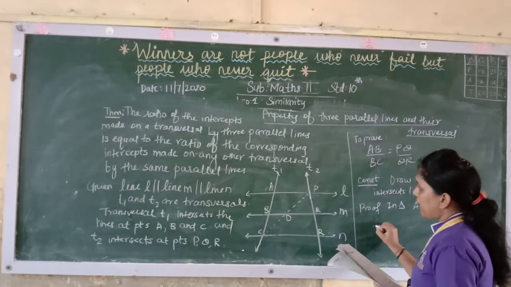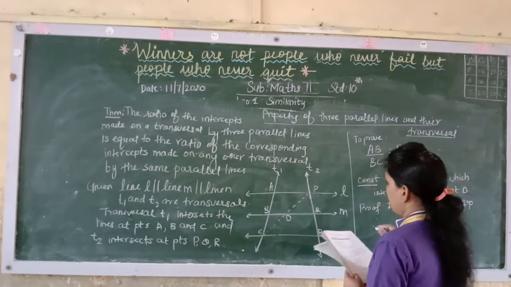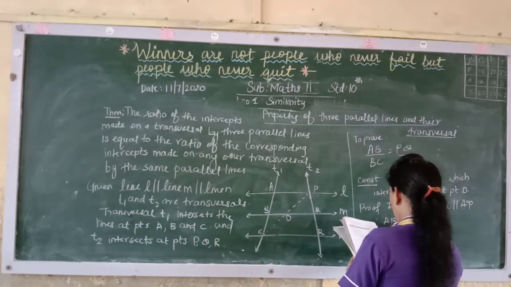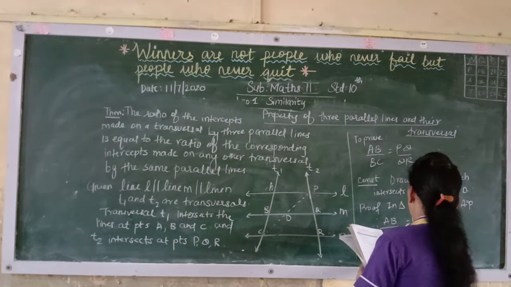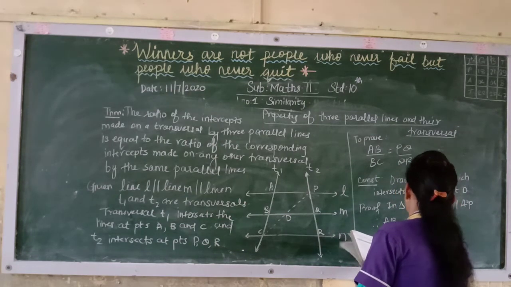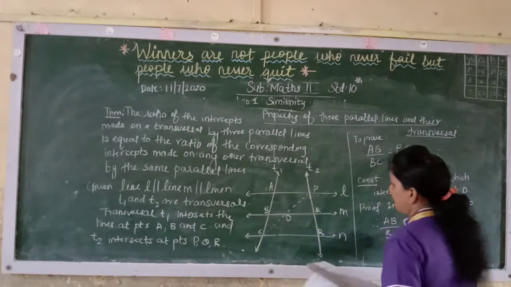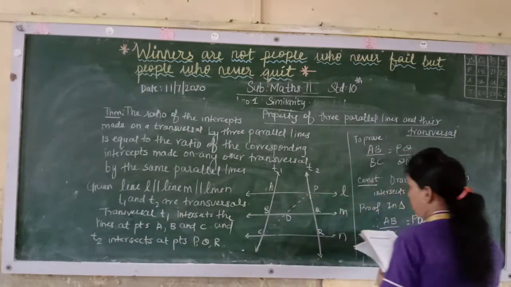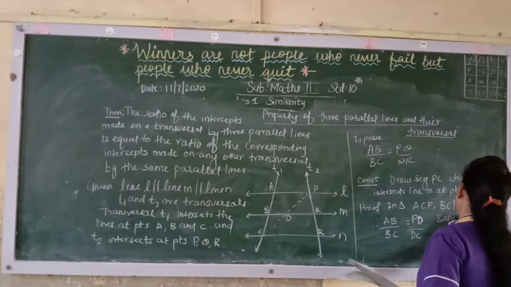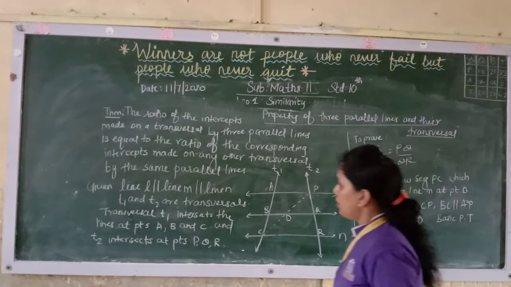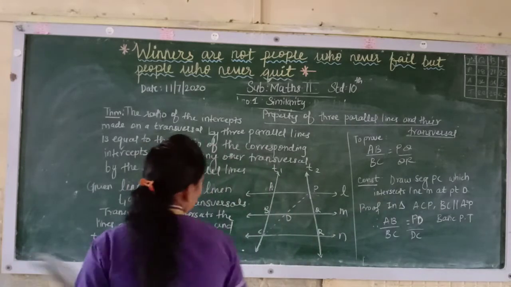So if BD is parallel to AP, you will get AB upon BC is equal to PD upon DC. The ratios will be equal; either you take AB upon BC or BC upon AB. So here you get it by the basic proportionality theorem.